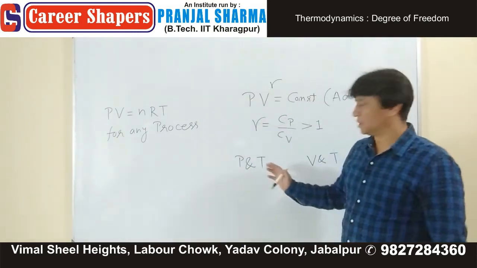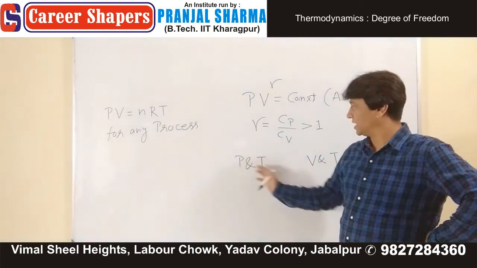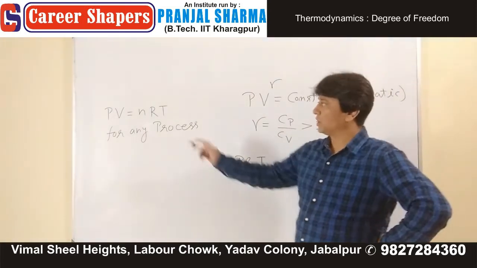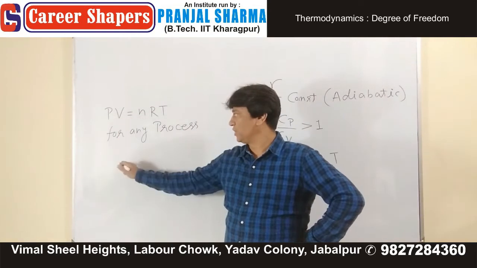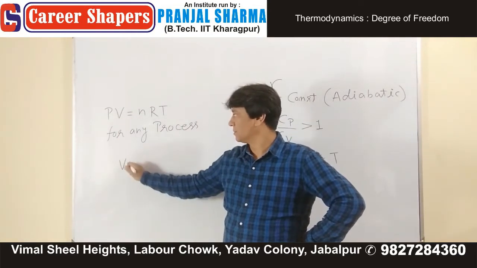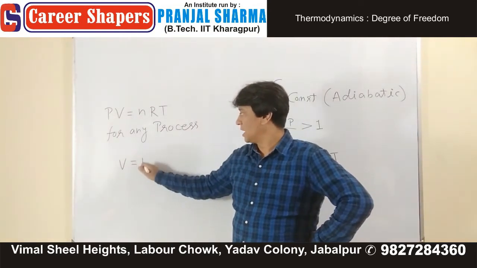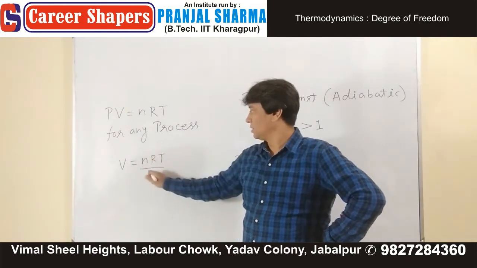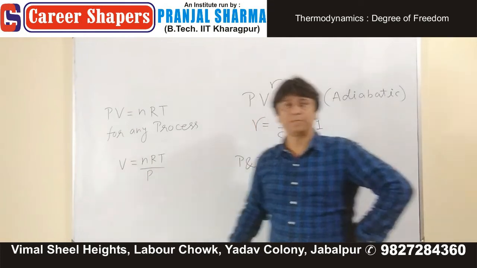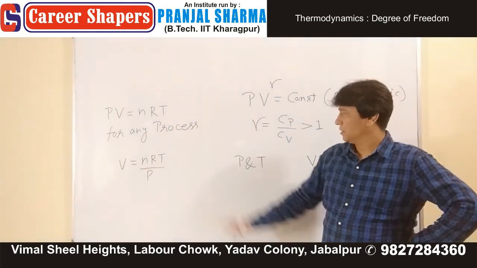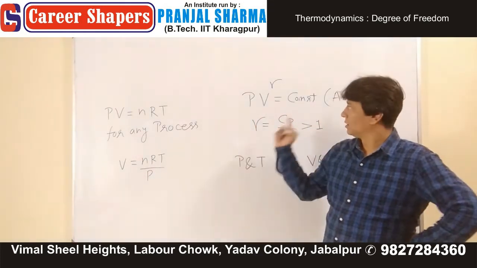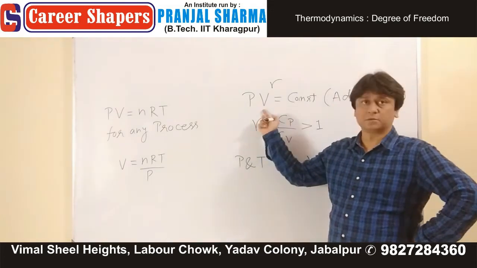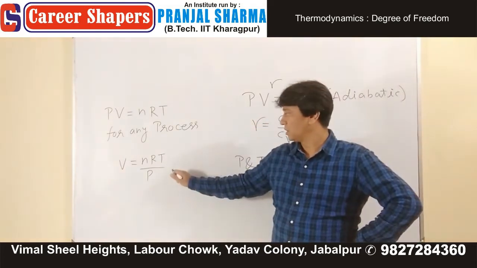The first is we need a relation between pressure and temperature. To do what? What is V? V is nRT divided by P. Put this V in this and you get what?